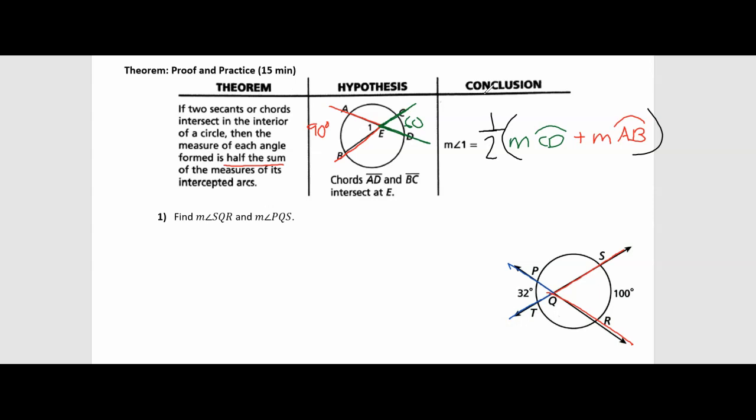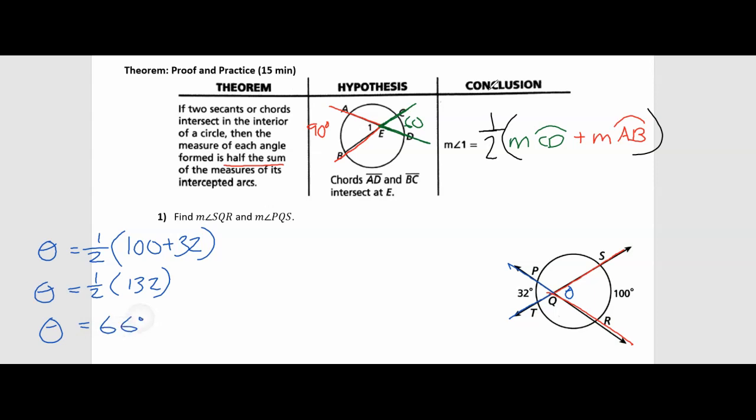I need to look at the 100-degree arc. Again, I'm finding SQR. We'll call that theta. So theta is equal to 1/2 the sum of 100 plus 32, which means theta is equal to 1/2 times 132. Theta is equal to 66 degrees.